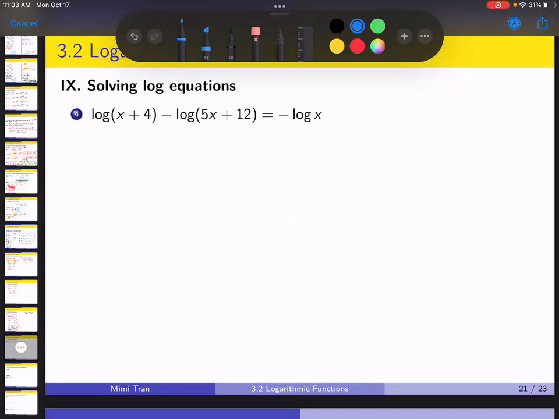Not yet. On the left-hand side, what should I do first? How do I do this? No, it's not a product, it's subtraction. So subtract goes with division, right? So which one on top, which one on the bottom?